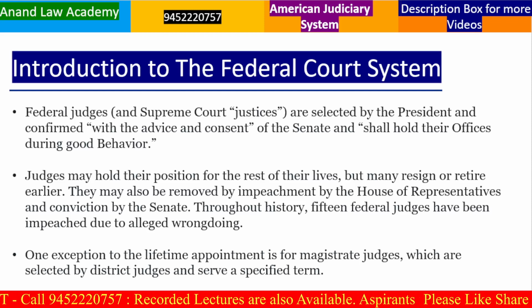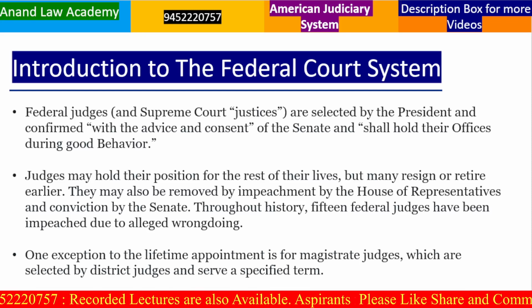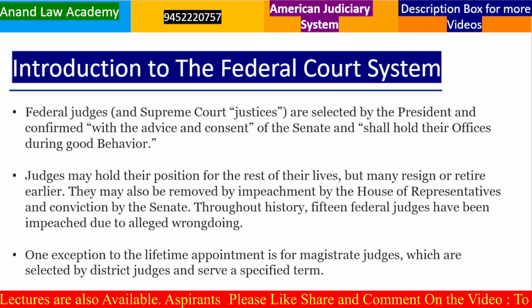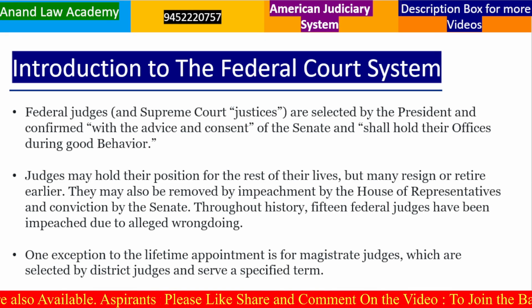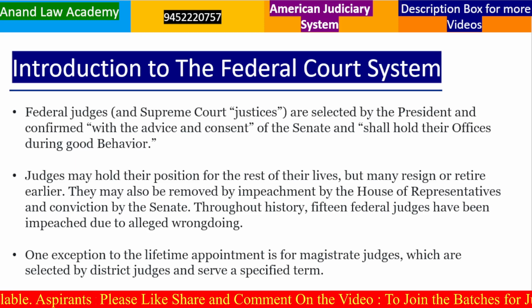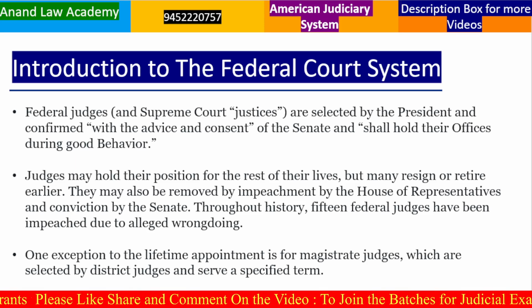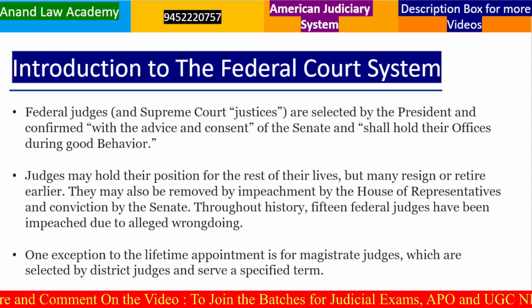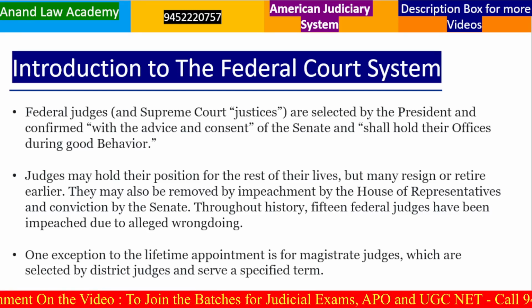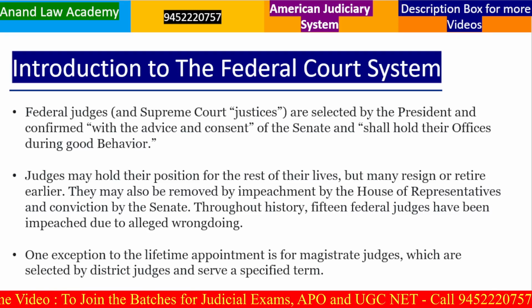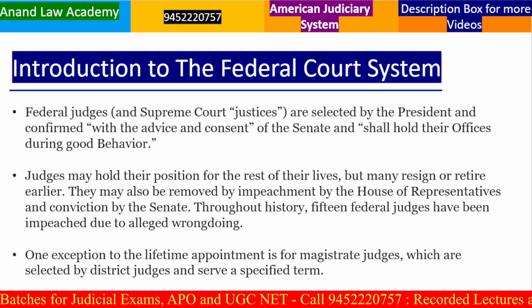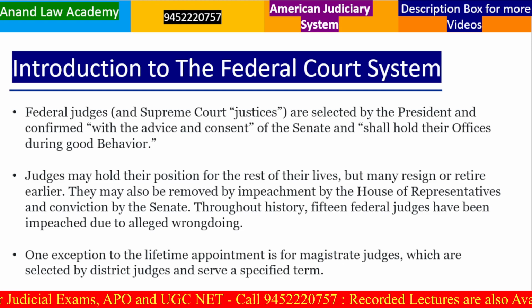Next, federal judges and the Supreme Court justices are selected by the president and confirmed with the advice and consent of the Senate, and they hold their offices during good behavior. This means there is no specified term; it can be up to 60 years, up to 70 years. Point number two, judges may hold their position for the rest of their lives, but many resign or retire earlier.